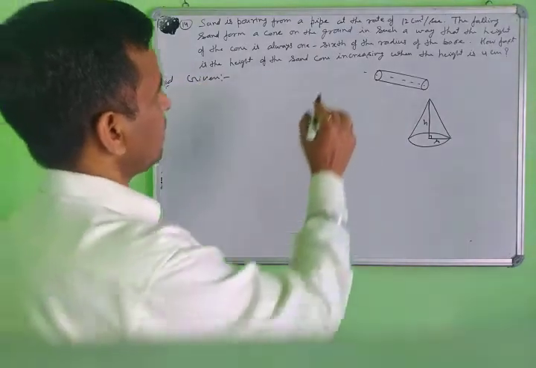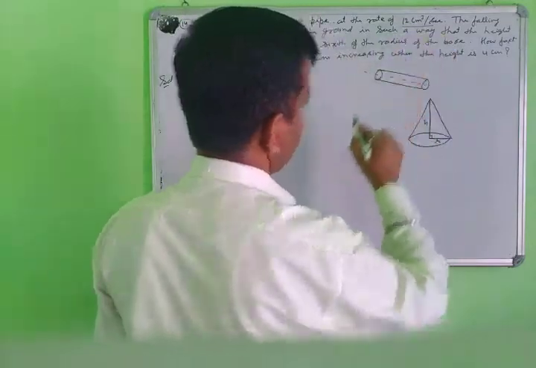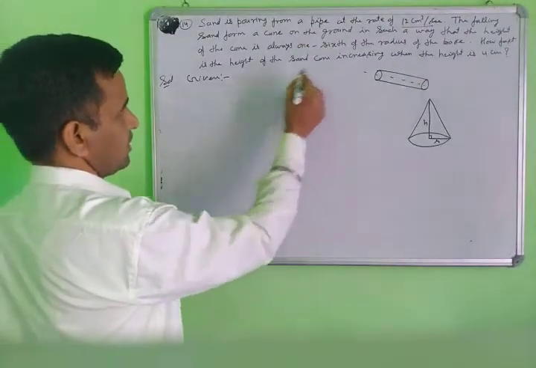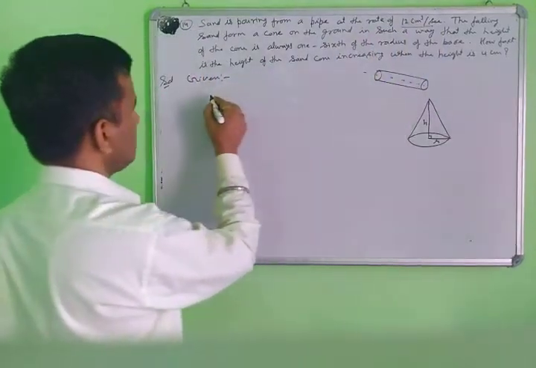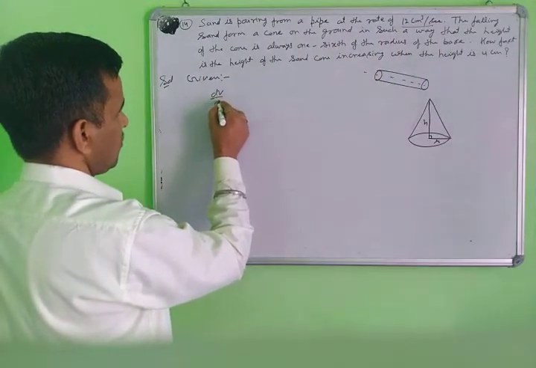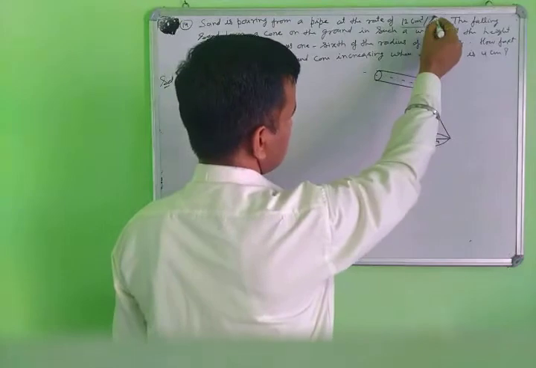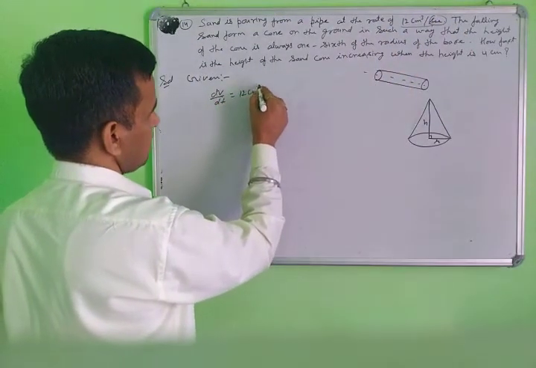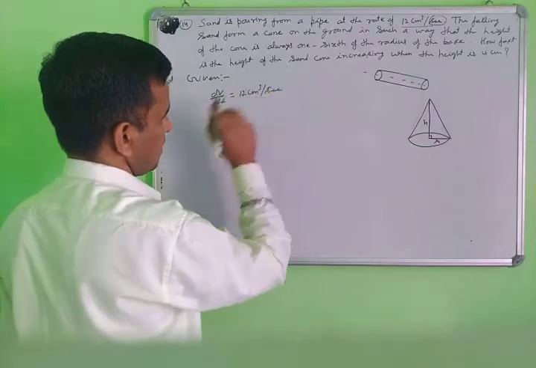The first thing given is the falling rate of the sand, the volume rate dV over dt, in cm³ per second, because it is with respect to seconds. So dV over dt is given as 12 cm³ per second. Clear?